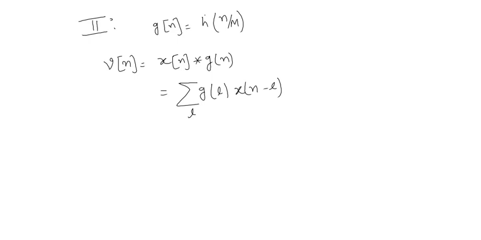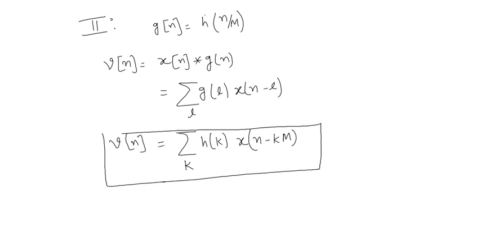So what is g of l? g of l will be h of l by m, and l by m I can replace by k, so l is replaced by km. So it will be simply h of k x of n minus km, where the limit is for k. This will be the intermediate output.